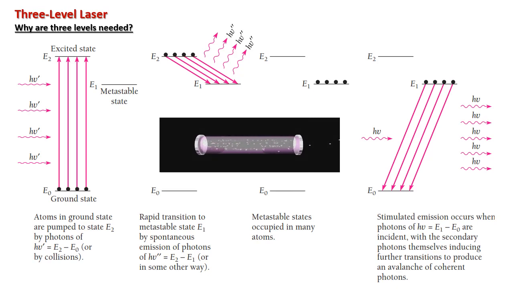To understand the 3-level lasing system, we have the ground state, with energy E0, and an ordinary excited state with energy E2, whose lifetime is 10 to the power minus 8 seconds. Then we have a third state, E1, which is a metastable state with a lifetime of 10 to the power minus 3 seconds.